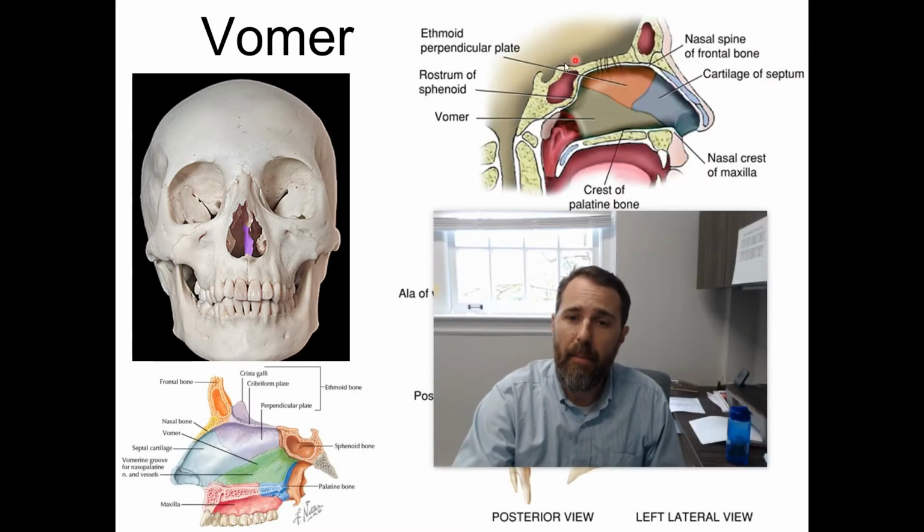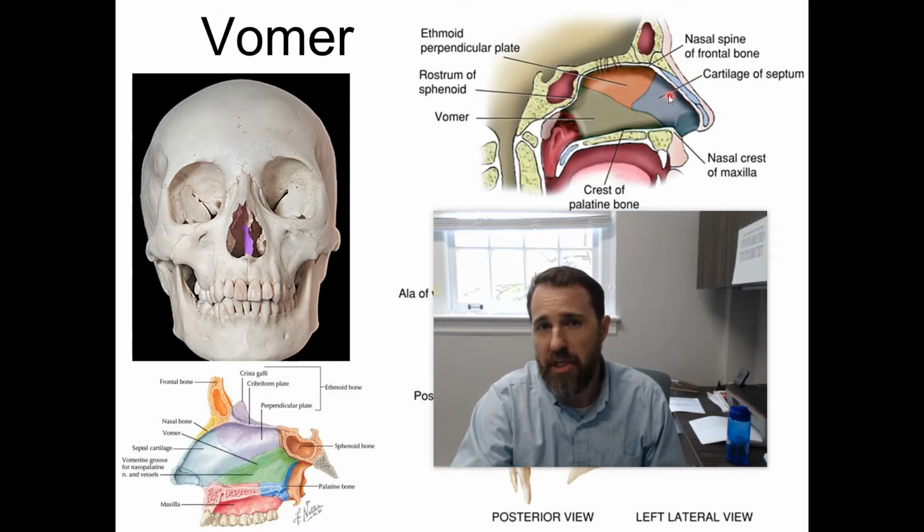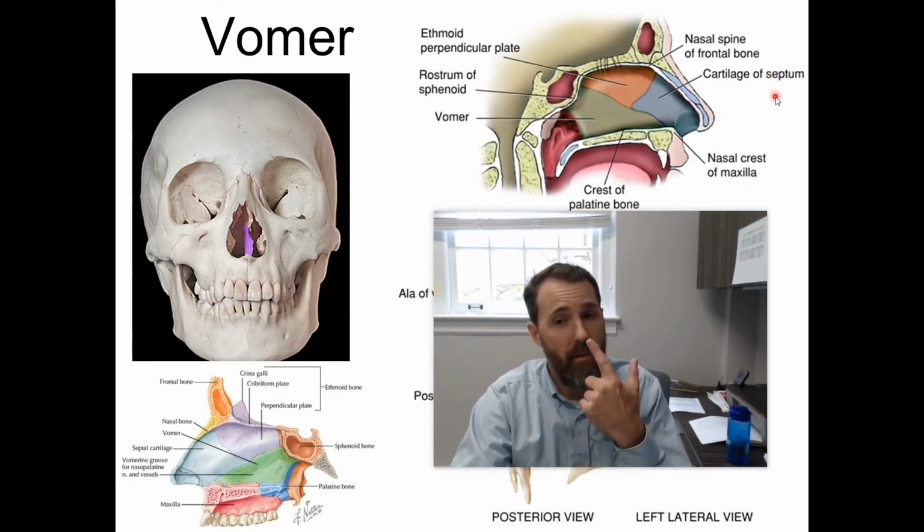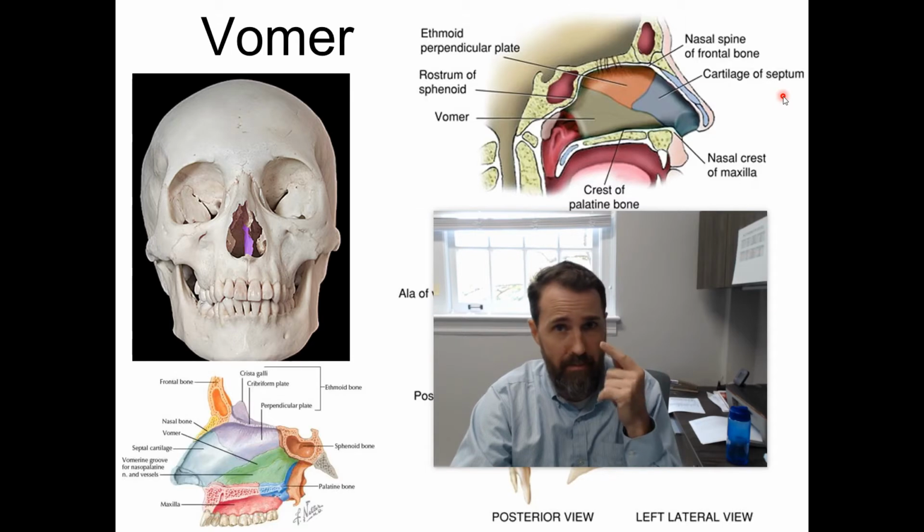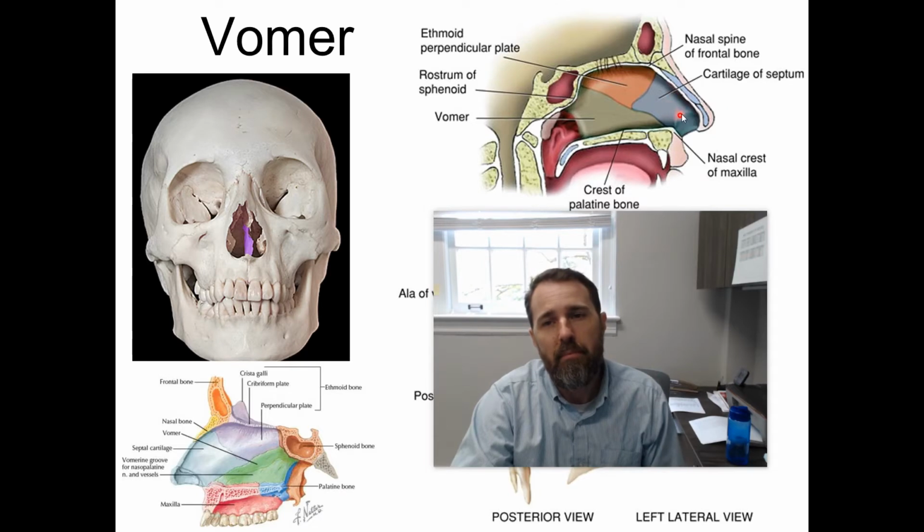Looking at this image, you can see this blue portion of the nasal septum is cartilage. And that is why the most anterior part of your nose is bendy, right? You can move it back and forth. You can sort of squish it down a little bit. Because the anterior-most part of your nasal septum is cartilage.